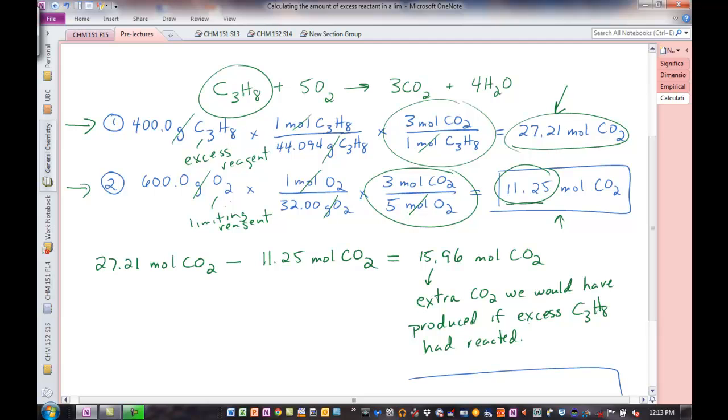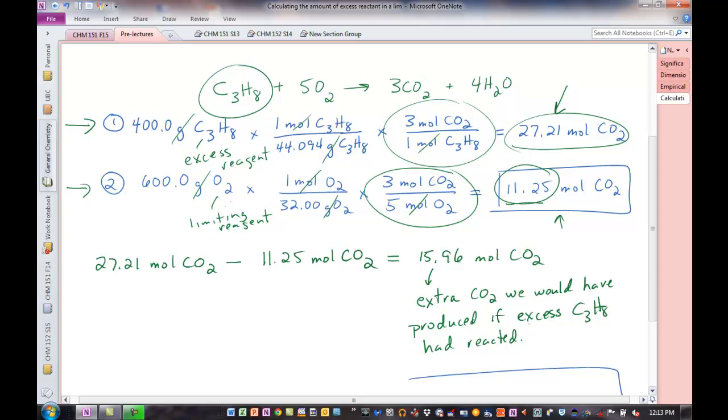So think about that for a second. We will never get that extra 15.96 moles, that difference. But that is the extra we could have gotten hypothetically if the excess propane had reacted. We can now use that excess amount of CO2, the extra amount, to work backwards to find the excess propane.